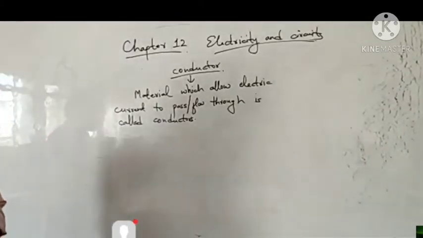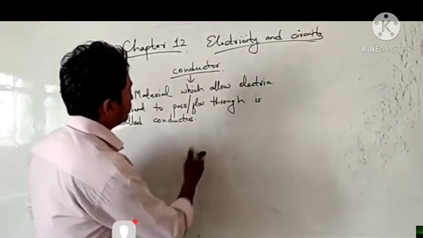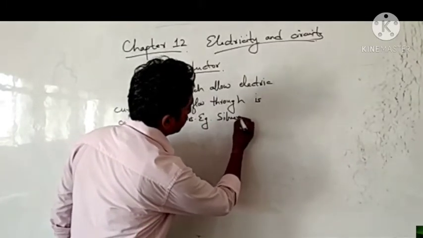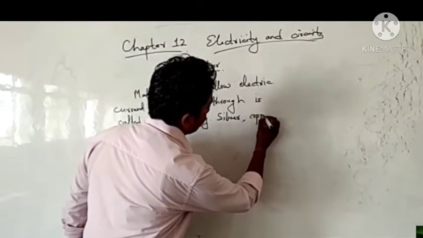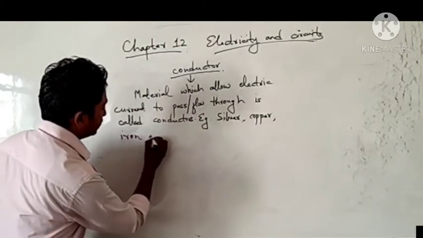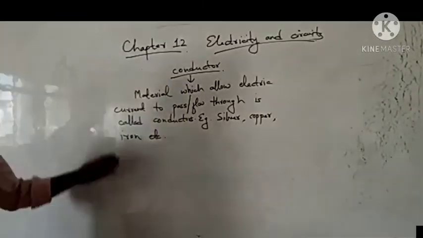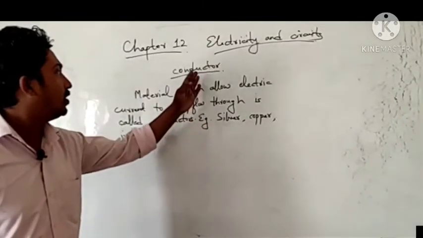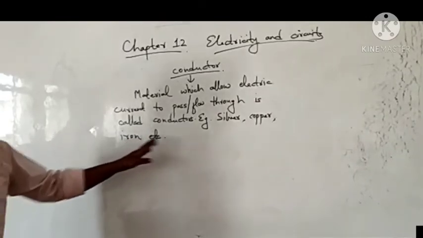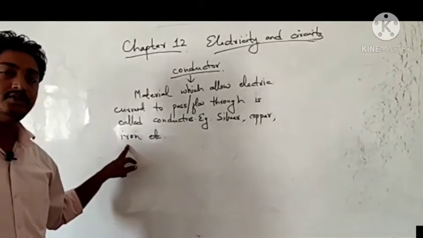We have examples like silver, copper, iron. So these are the materials which allow electric current to pass through them. This is only in the case of solids.